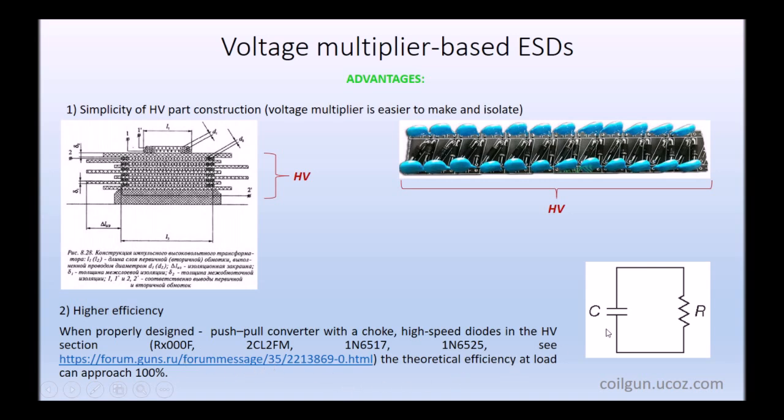The theoretical efficiency in such case can reach even 100%, because we have no additional elements between our energy source, which is high voltage capacitance, and our load. Of course, it is not the case in reality, but potentially it can be with unity efficiency.